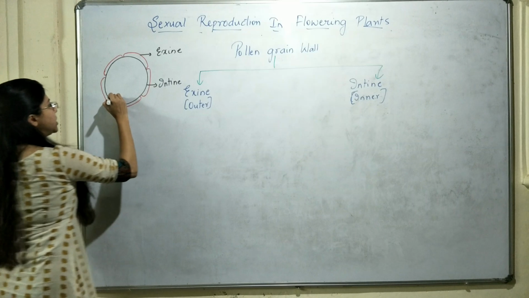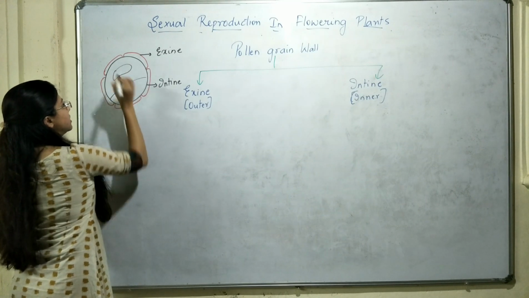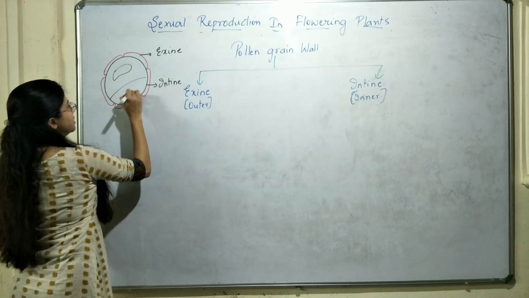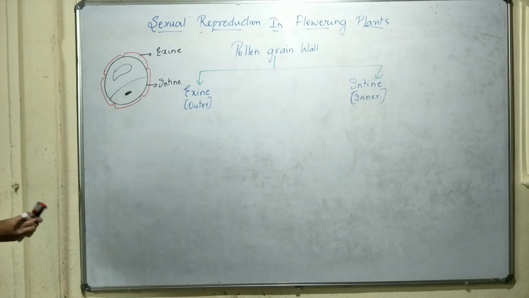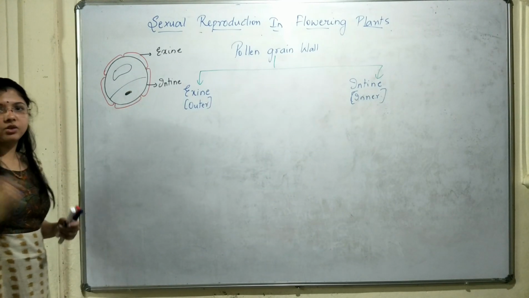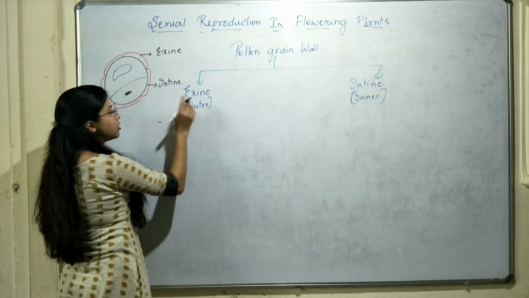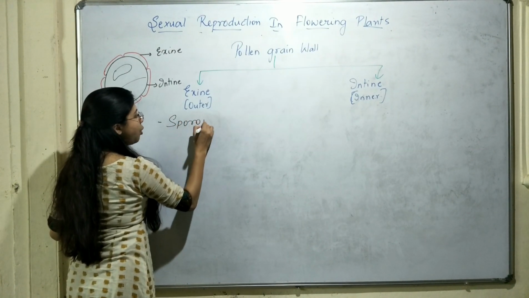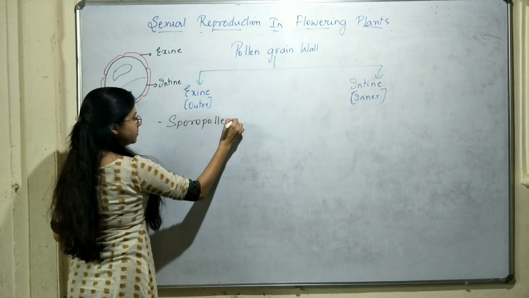Inside will be the vegetative cell and the generative cell. Now, exine has specific characteristics. That means the outer layer or the exine is made up of a fatty substance called sporopollenin.